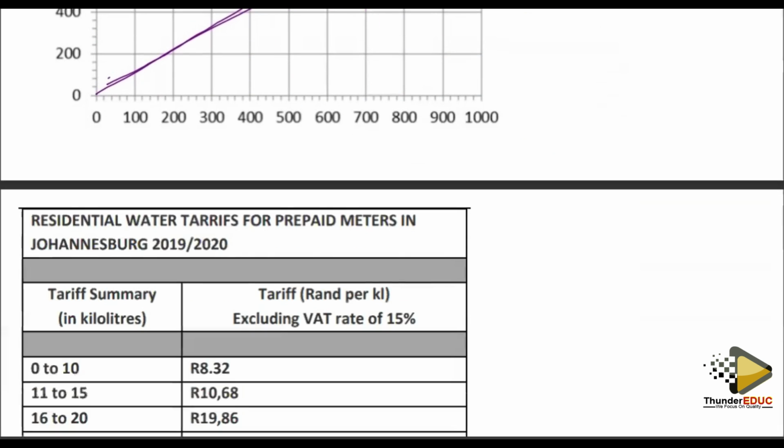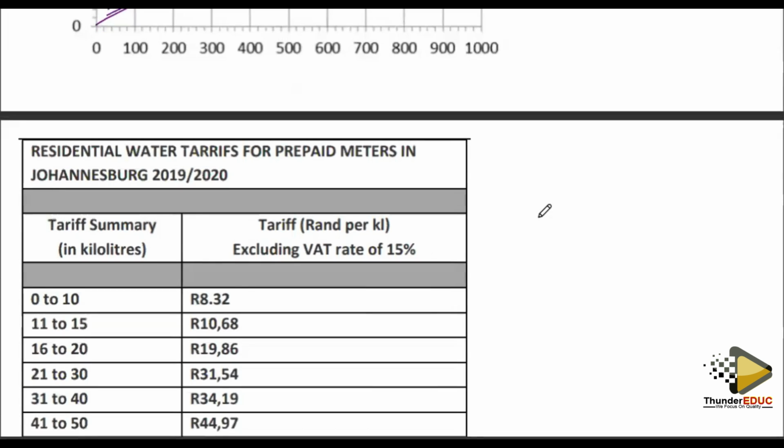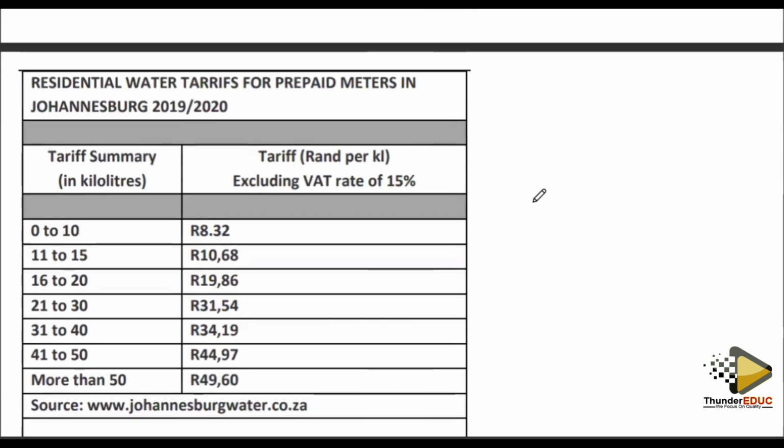Okay, let's look at what we call the water tariffs. The only trick that we need to know is that when we get these water tariff calculations, don't mind the numbers on the left-hand side. Put them aside. So we ask ourselves, for example, if someone uses 25 kiloliters, we have what we call blocks.